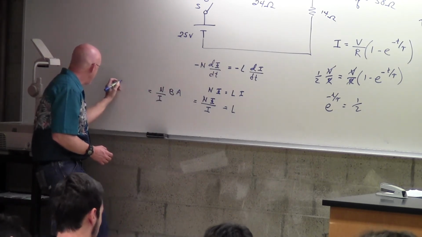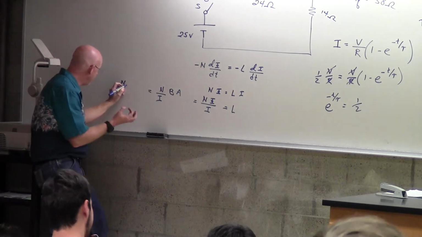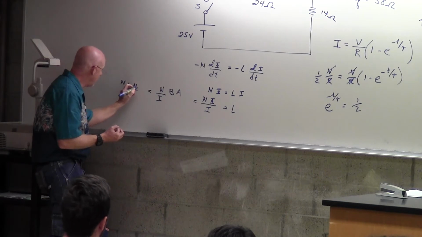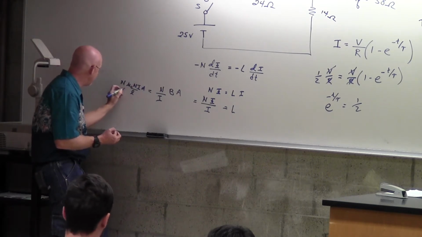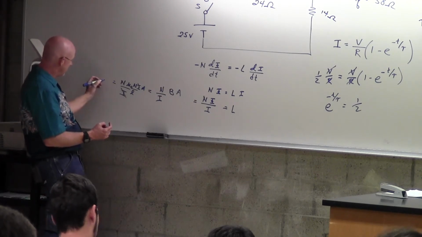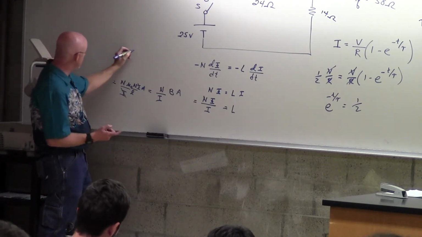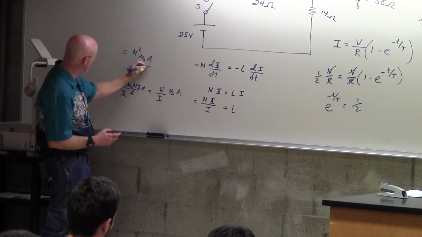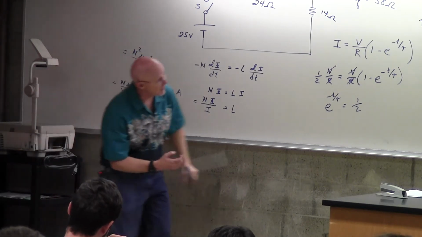And then the magnetic field from a coil would be mu naught times N over L times I times A. And then, of course, this I over here would cancel. And I think we have it. We have an N squared, a mu naught, an A over an L. And that's the same thing, right?